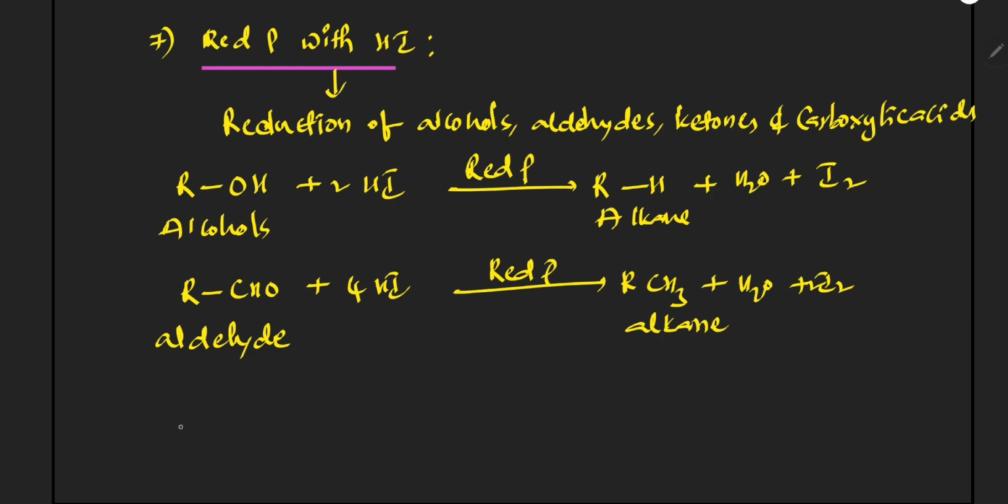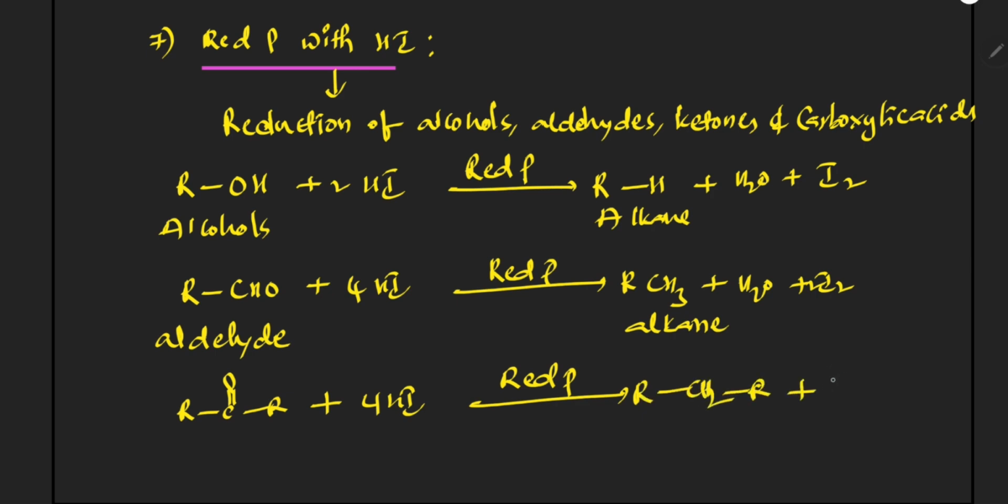The next one is ketone. Ketone in presence of hydrogen iodide with red phosphorus gives alkane. The next one is carboxylic acid.